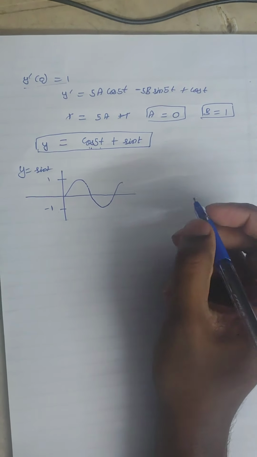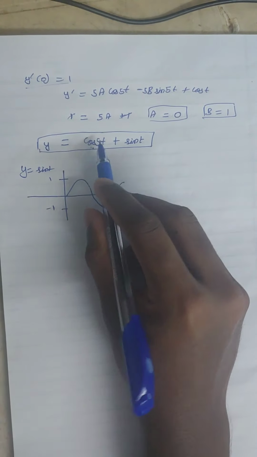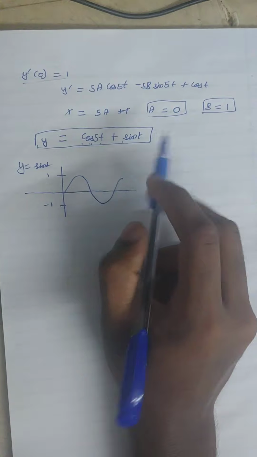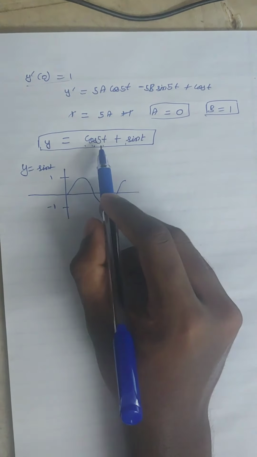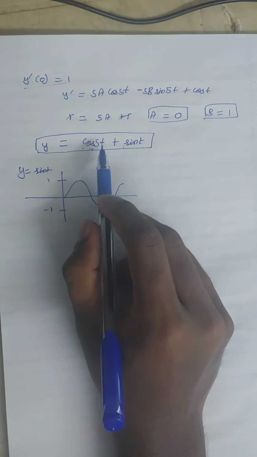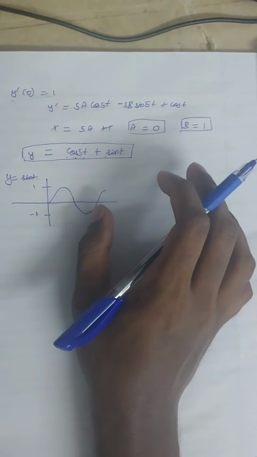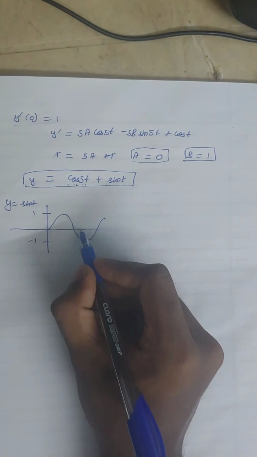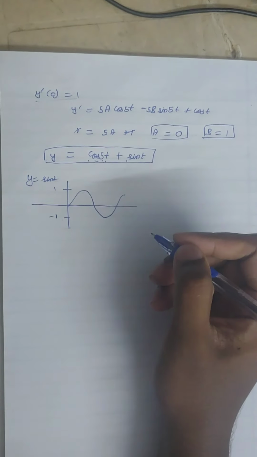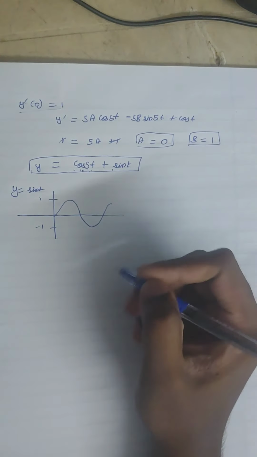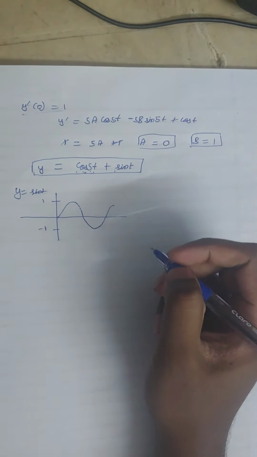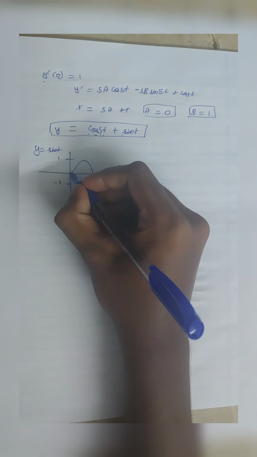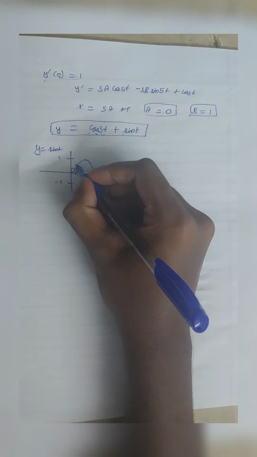And the frequency of cos is 5 times more than sin t. So basically on the sine graph, a cos graph is added with 5 times more frequency than sin t. So we get a graph like this.